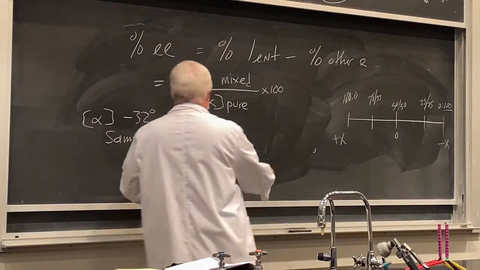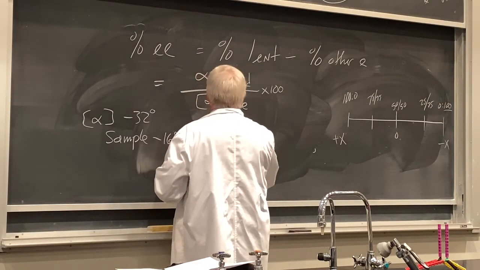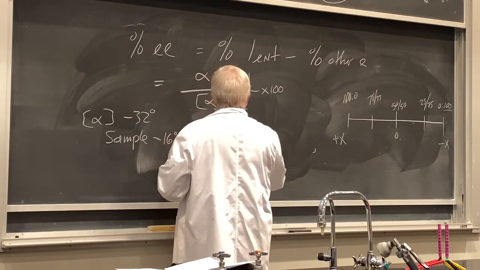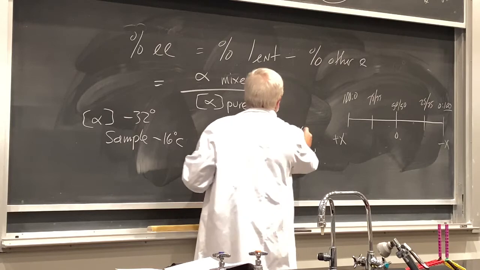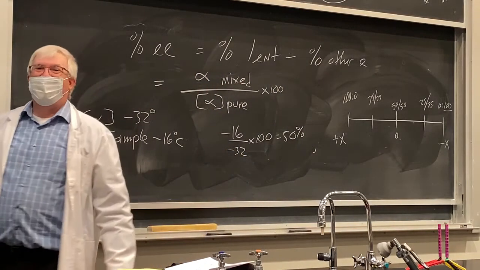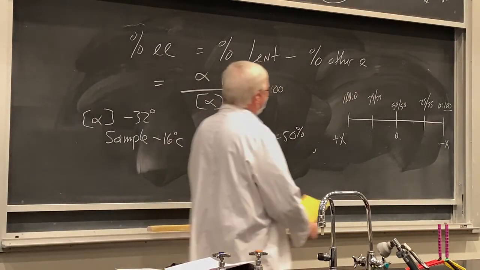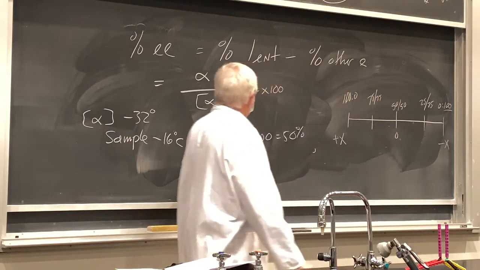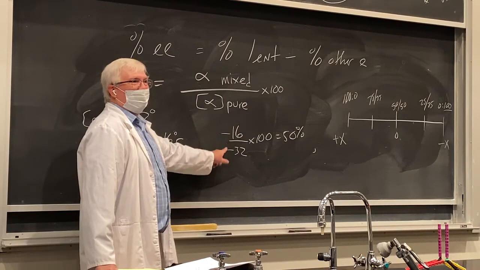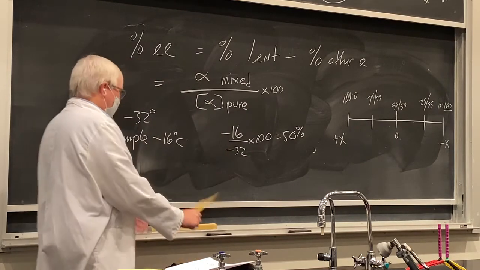So yeah, it's pretty simple, right? This would be 16 over 32 times 100. So what is this? Oh, it's 50% EE. Okay. Oh, that's right. That's what we were talking about here, right? So that would be, you know, right there, 50% EE with the actual numbers, 32 and 16. Okay. So it's pretty good.